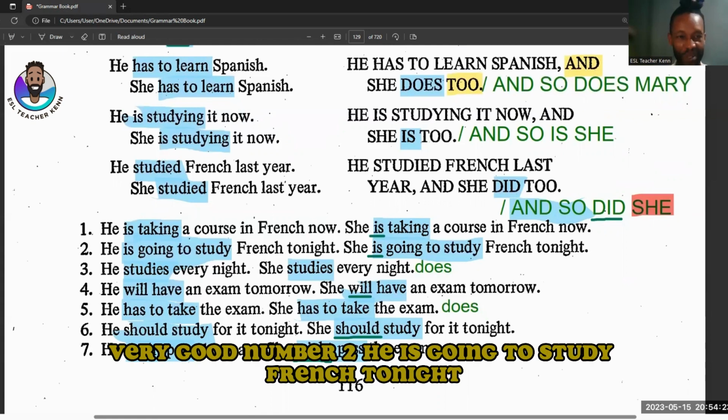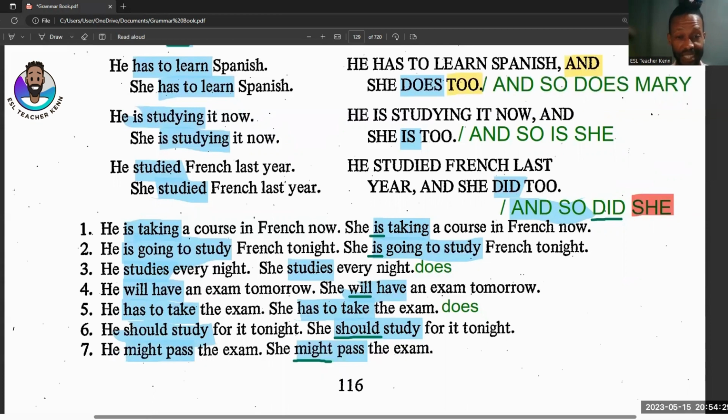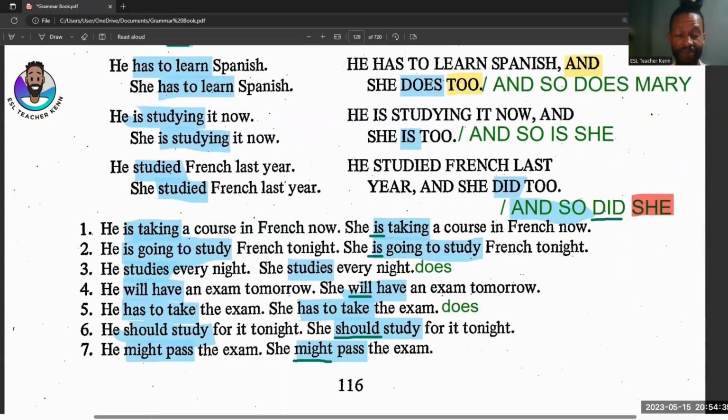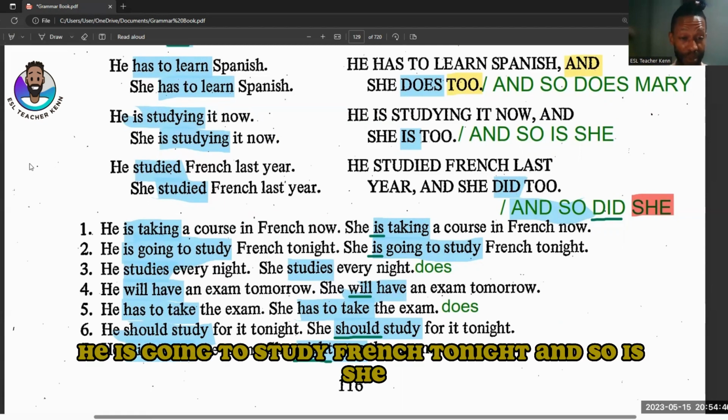Very good. Number 2. He is going to study French tonight. She is going to study French tonight. He is going to study French tonight, and so is she.